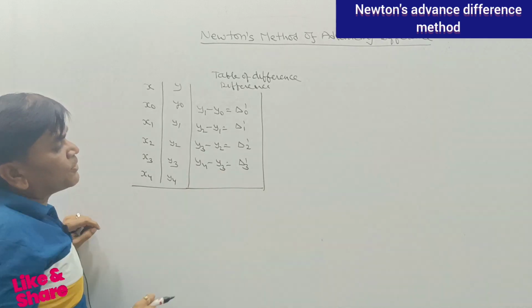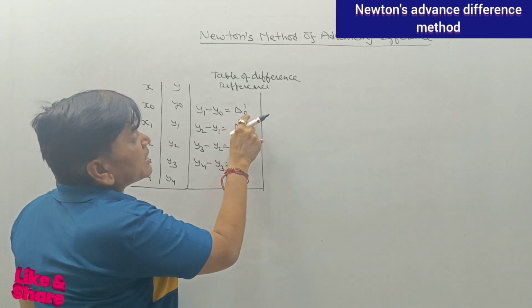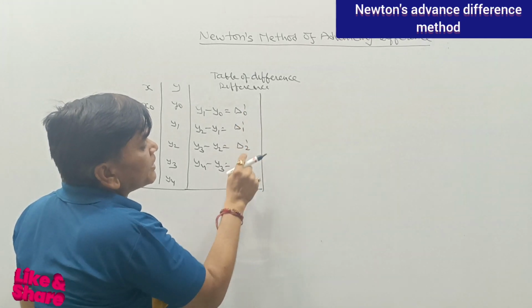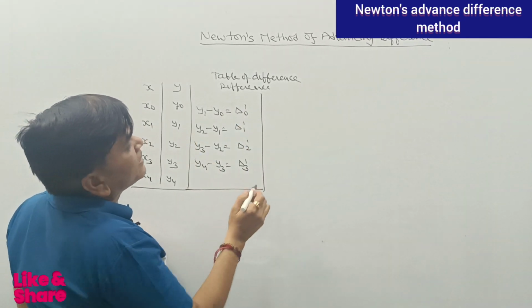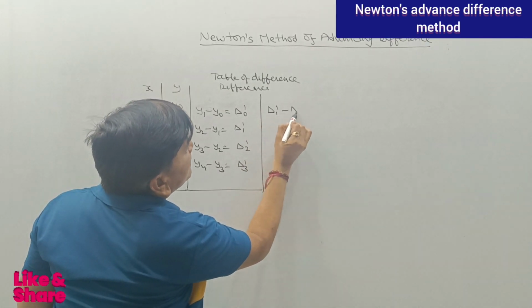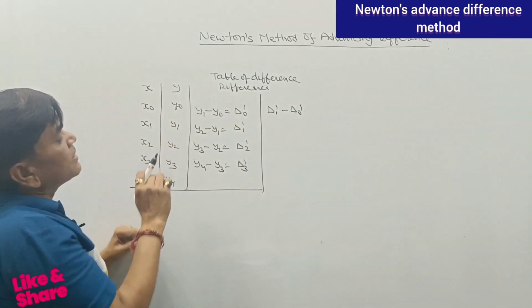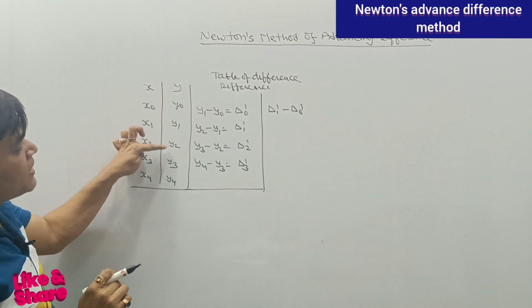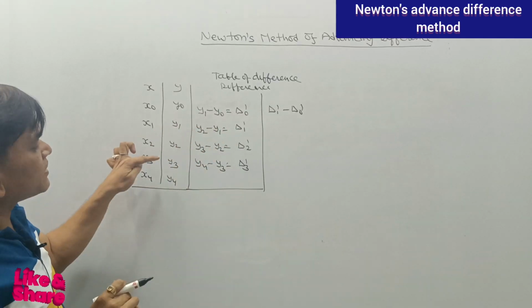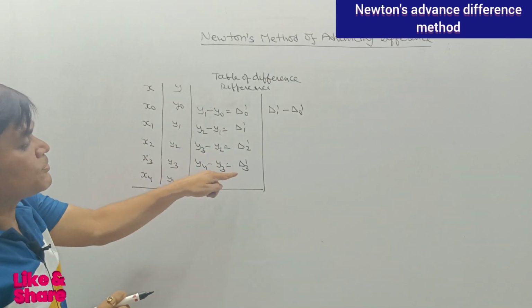This is denoted delta 0 1, delta 1 1, delta 2 1, delta 3 1, the first differences.